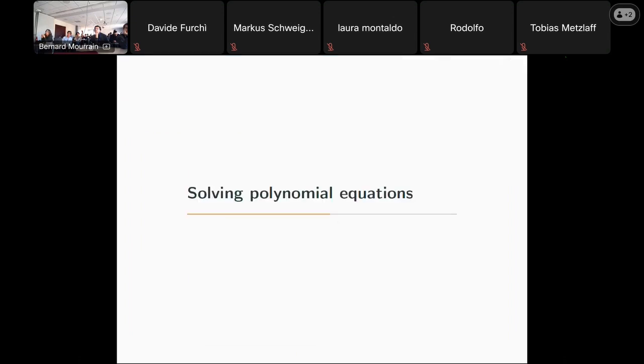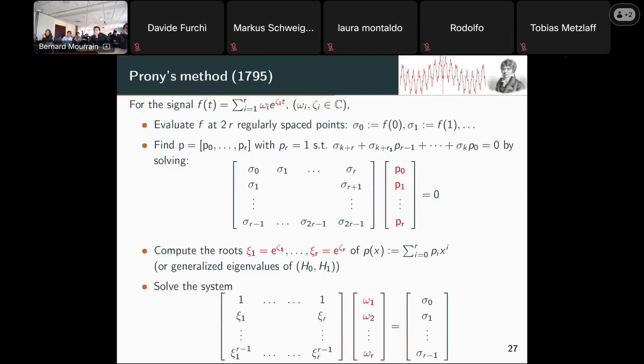Then you find the weights by solving this Vandermonde system times the weights equals the different values you have.